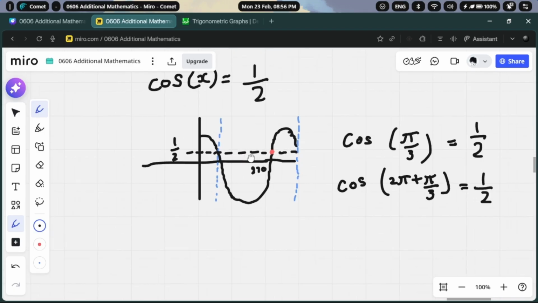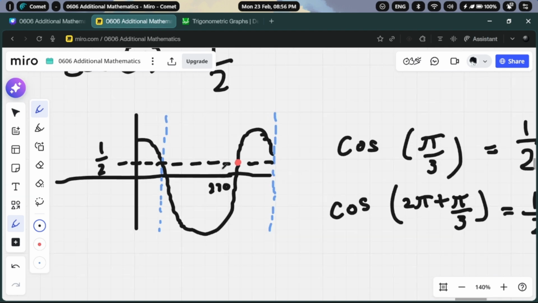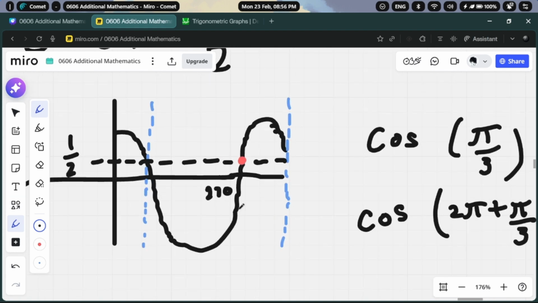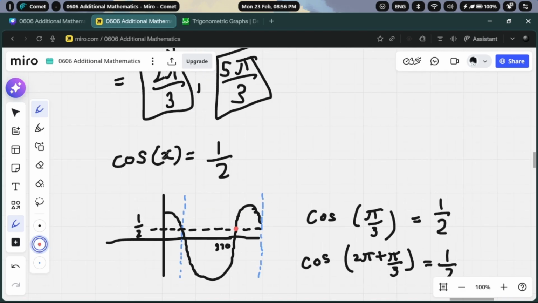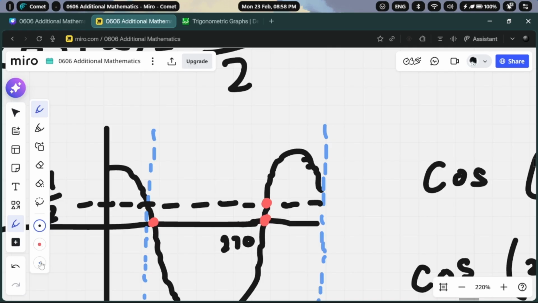So over here we're getting these two valid values. Now we also have to check whether this red value is valid or not for cos x equal to half. Your base angle was basically this point over here. So this entire thing was pi over 3.